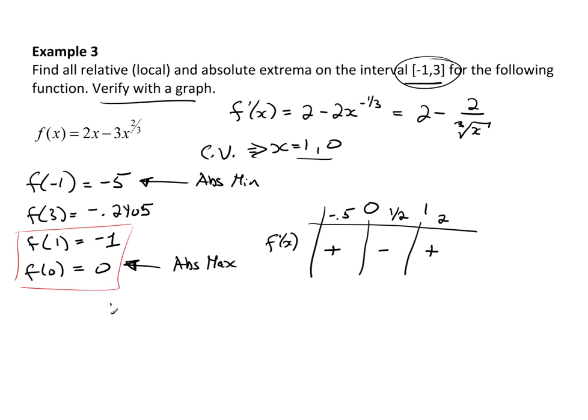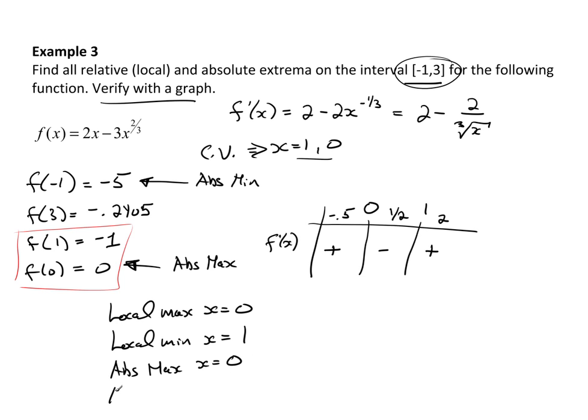So now I know that I have a local max at x equals 0, a local min at x equals 1, and of course I already said that the absolute max was at 0, which is also the same as the local max, and the absolute min was at x equals -1.